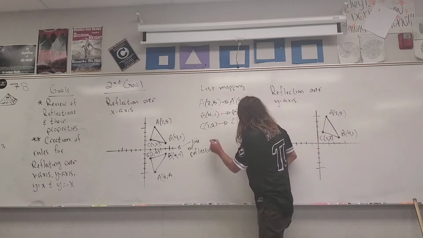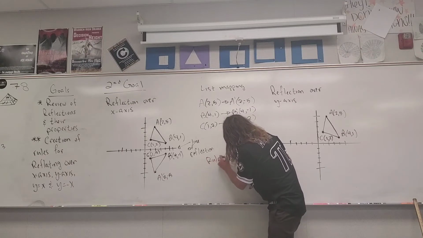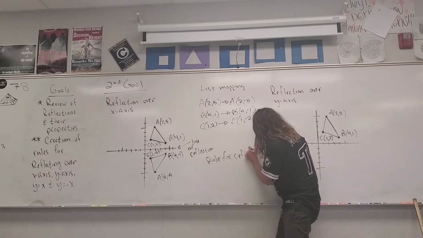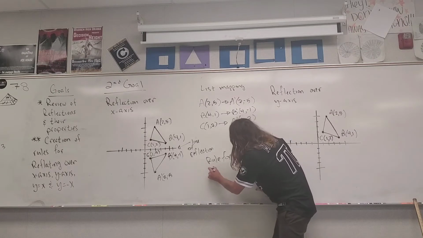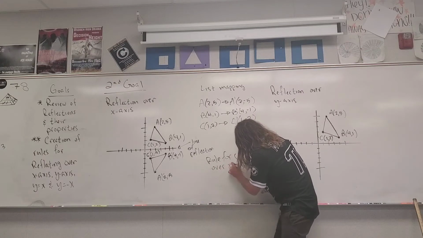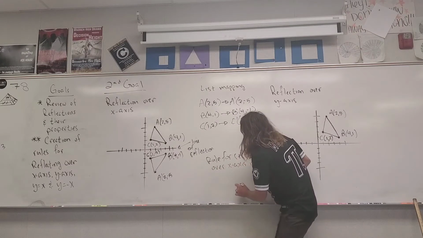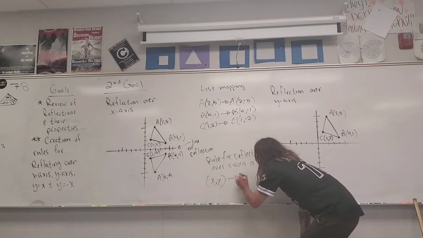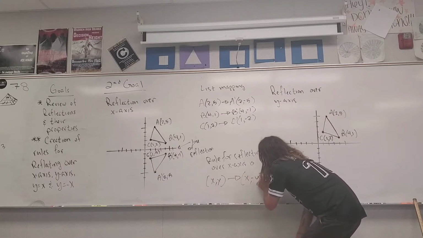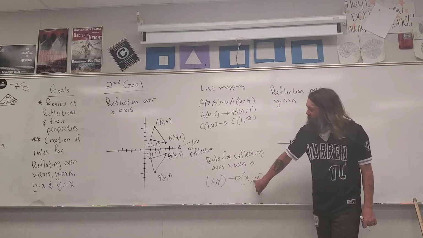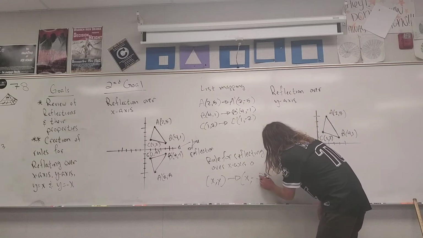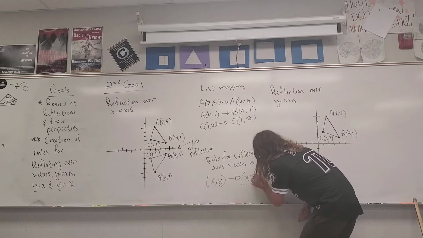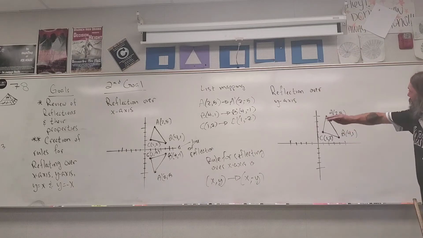So the rule for reflecting over the x-axis is (x, y) maps to (x, -y). Remember, if I put a negative, that's how I show the sign is changing. Let me make the y's the same. I don't know why I write my y's differently every time I write them. So there we go. All right, so that's the reflection over the x-axis.